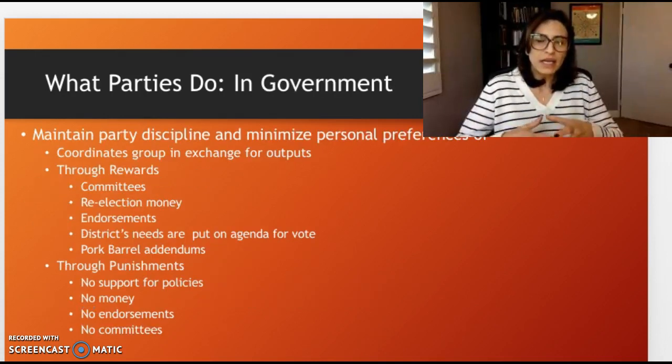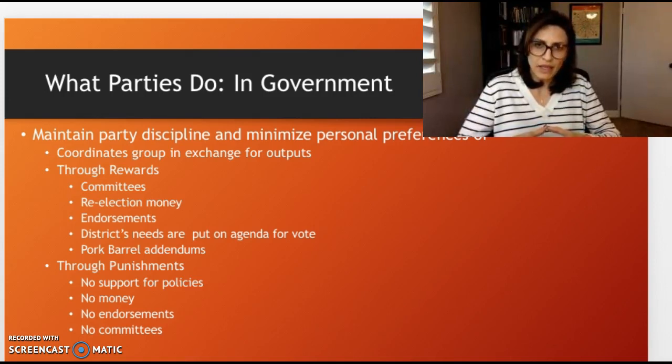In the government, parties are responsible for maintaining discipline. They maintain discipline in what Cox and McCubbins call the cartel theory. And the cartel theory is essentially this: the party leaders within Congress will coordinate the group in exchange for rewards or punishment.